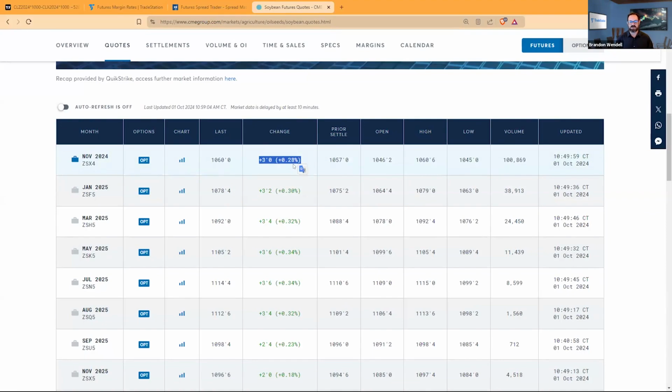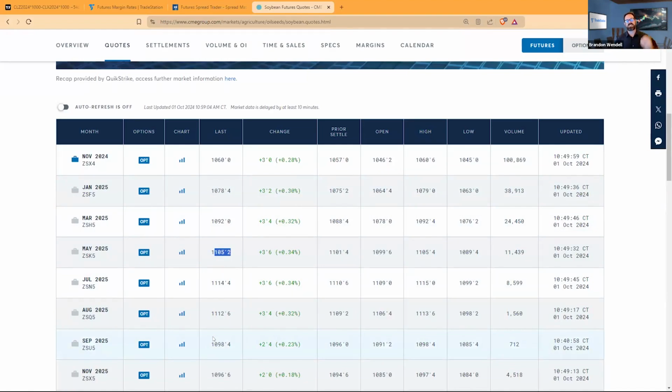It's interesting though, because you can see that the further out contracts have less volume, but they actually changed a bit more. They went up further. You can also see the last prices 1060, 1078, 1092, 1105. They're getting more expensive the further out you go.